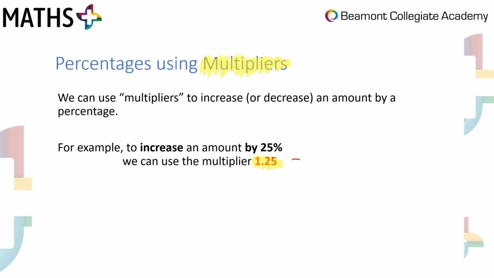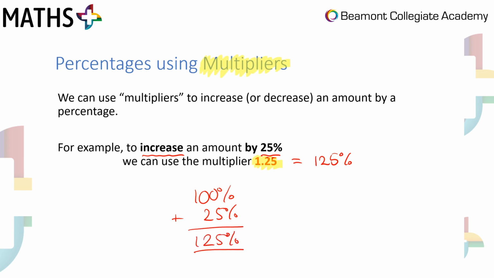And what we're doing there is, by multiplying by 1.25, we are finding 125% of the number, which explains why that works, because if we start with 100% and then we increase it by 25%, we're now left with 125%.